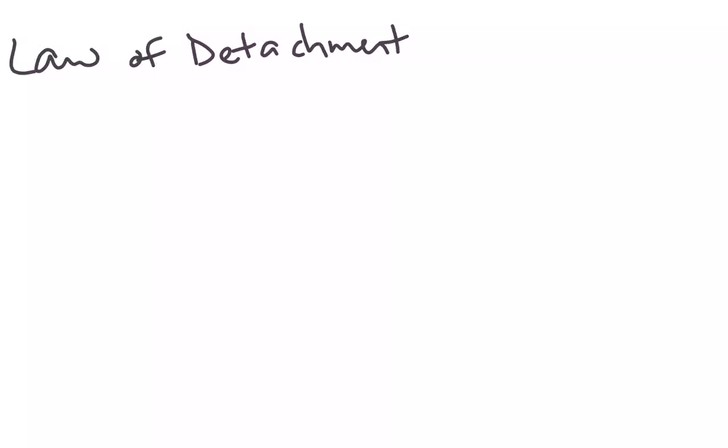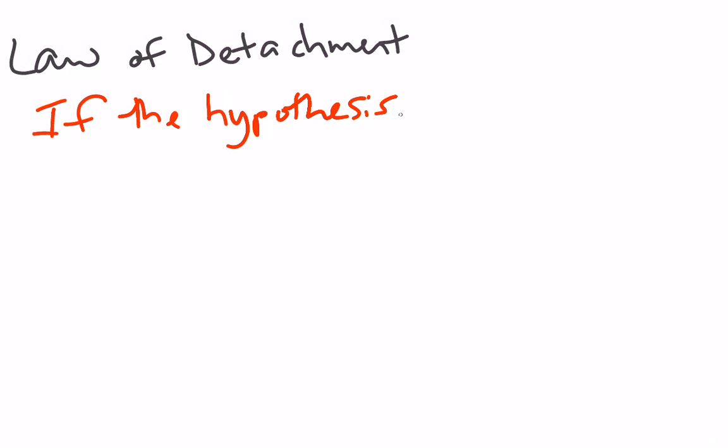Next, we have something that sounds big and scary, but is actually not horrible, which is called the law of detachment. And what this means is that if the hypothesis, and these are the conditionals that we've been talking about in class, if the hypothesis is true, then the conclusion is true.